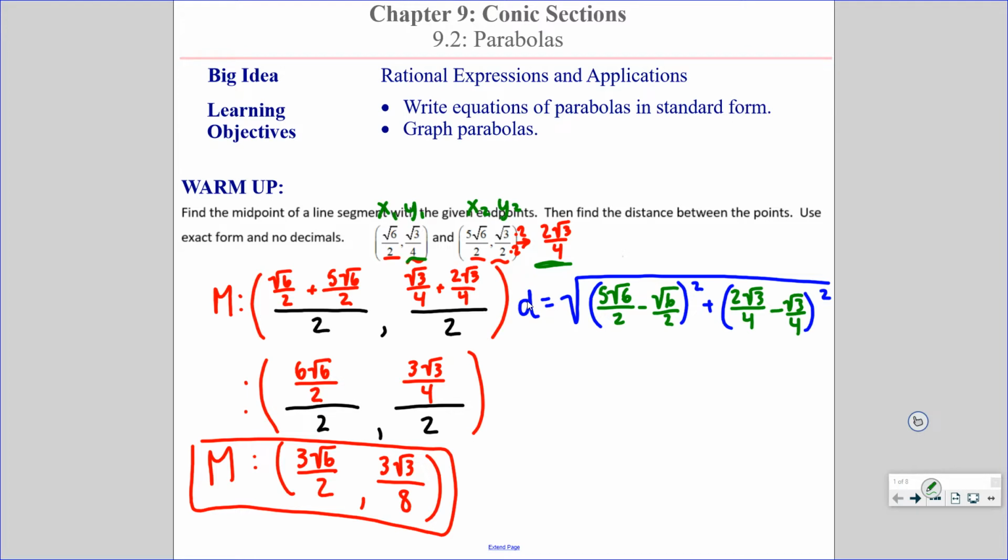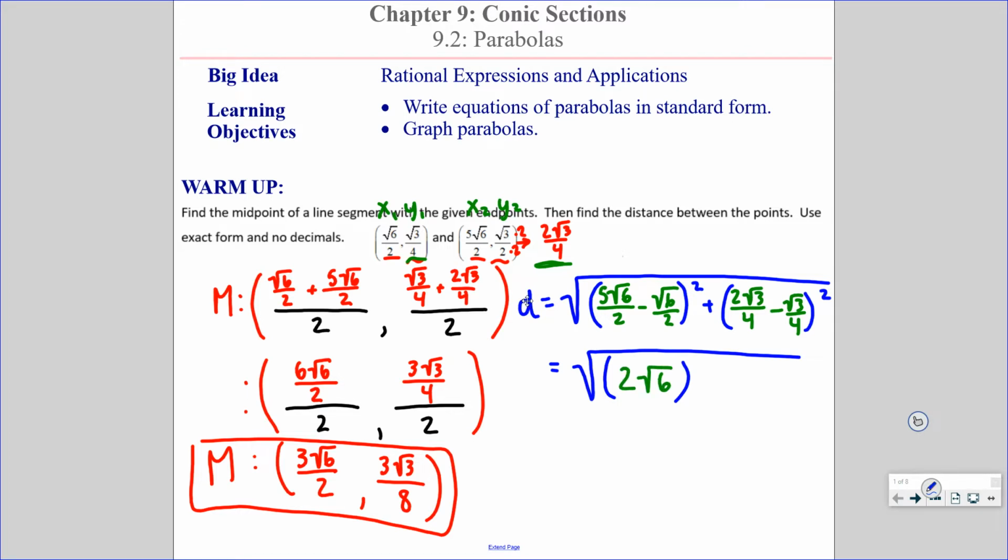Okay, folks, what I told you is always start on the inside and simplify this first. Kind of ignore the radical. All right, what's 5 root 6 minus 1 root 6? 4 root 6. What's 4 root 6 divided by 2? 2 root 6 is how that should simplify. Good there?